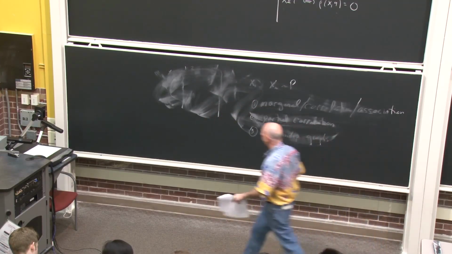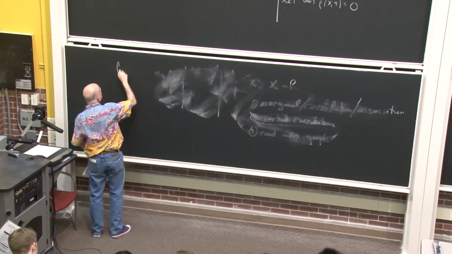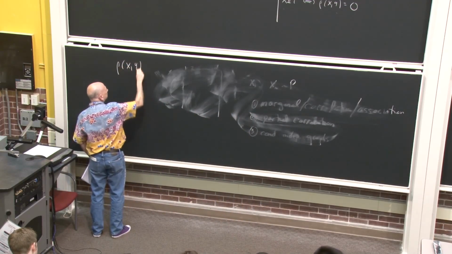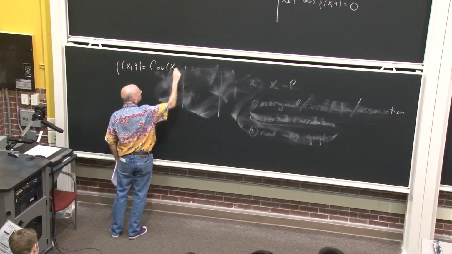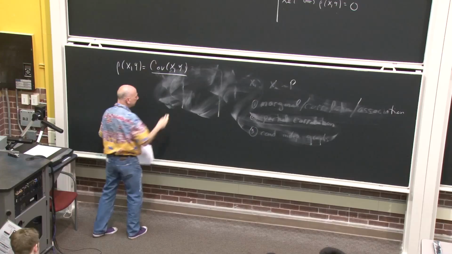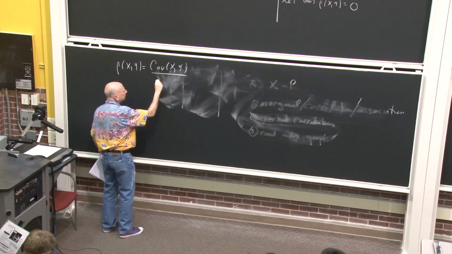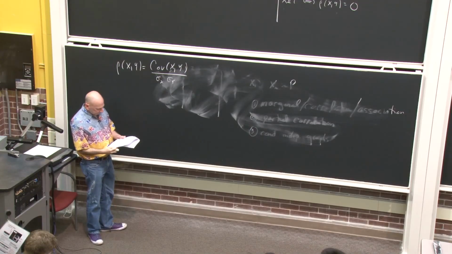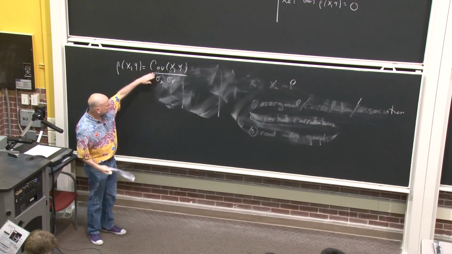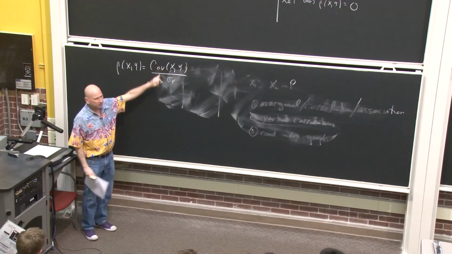So the Pearson correlation, remember that between two random variables, let's put down the formal definition. It's the covariance between x and y divided by the standard deviation of x and the standard deviation of y. I'm sure you've all seen this before.